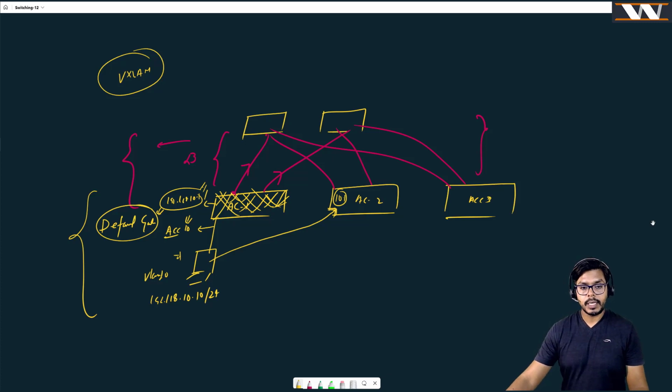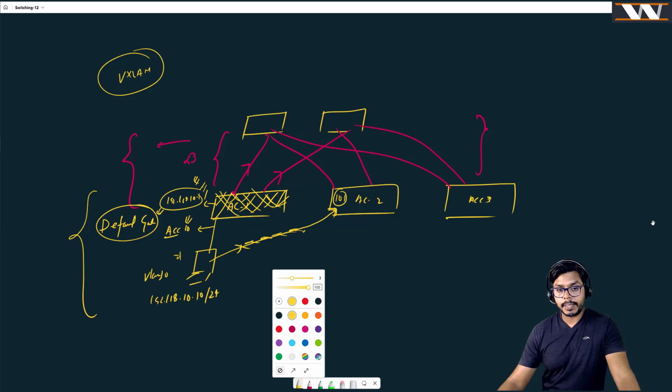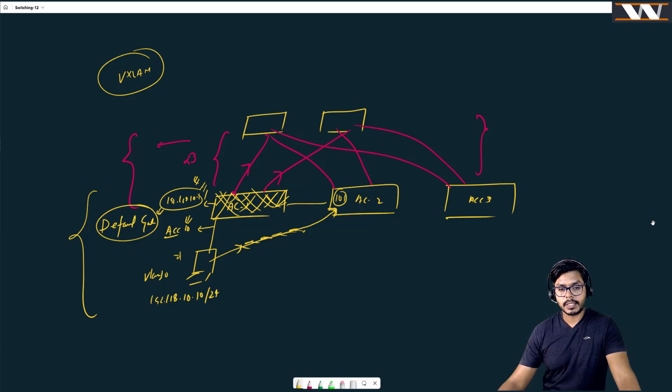Right now, if I just don't do this, then I do not need HSRP here. But if you let me connect these two access switches amongst themselves over a trunk link, then I would rather run HSRP here, because now it is going to give me the default gateway on two different access switches.